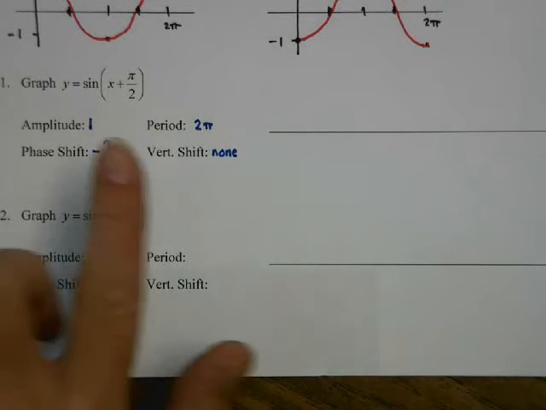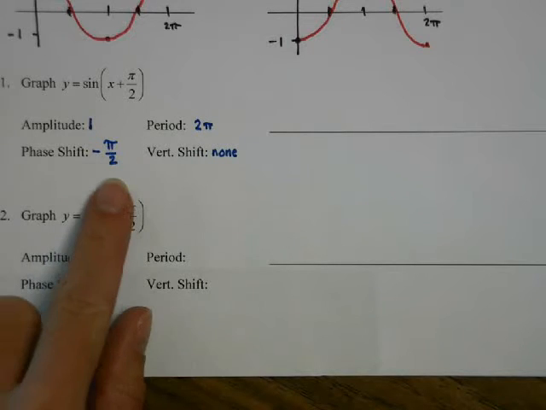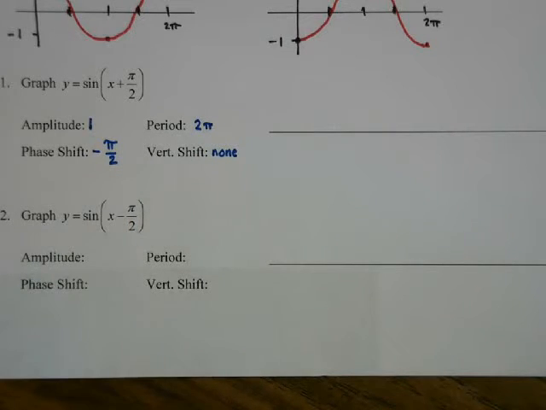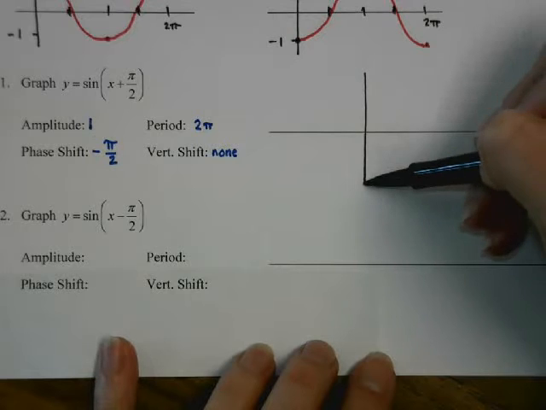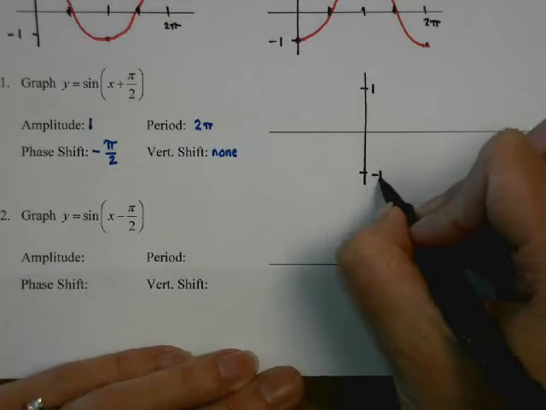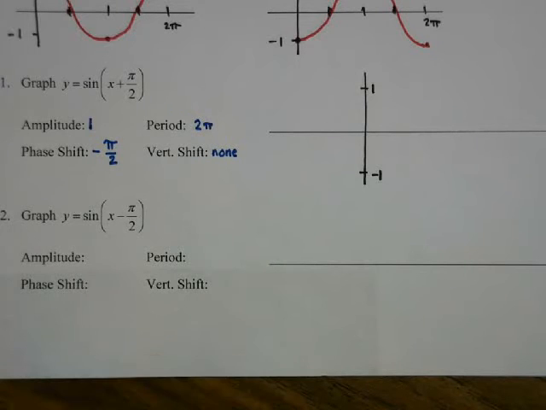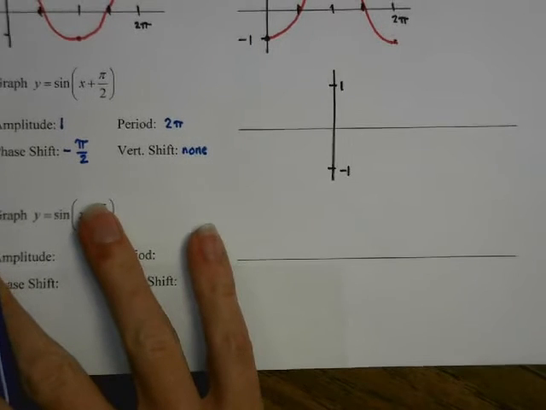So this graph is going to be our same regular sine curve, but it's going to be shifted to the left pi over 2. So when I draw my axes here, I'm going to leave some room in the negative territory because this is going to be moved. My maximum is 1, my minimum is negative 1.